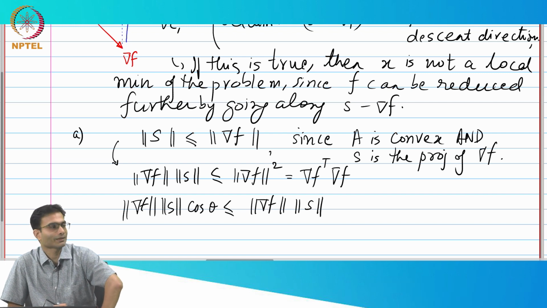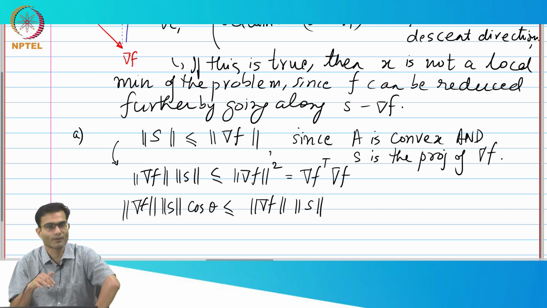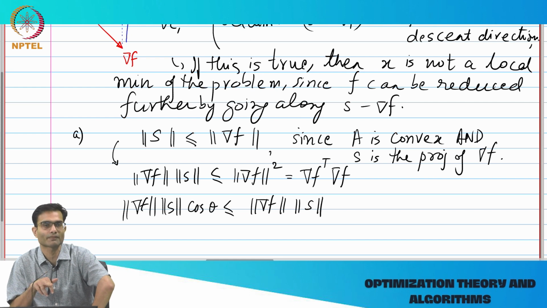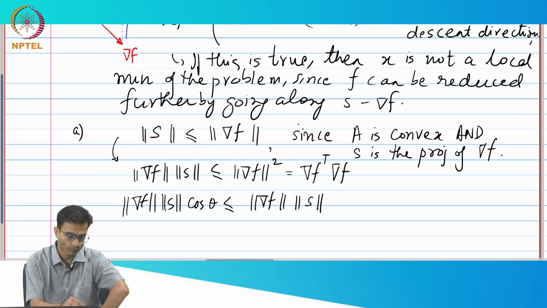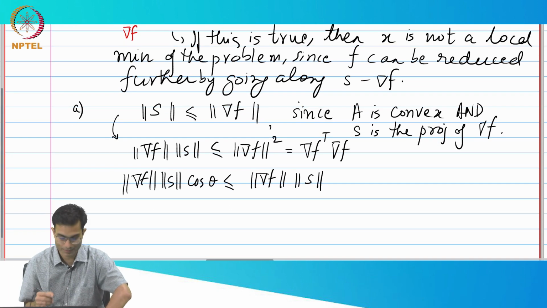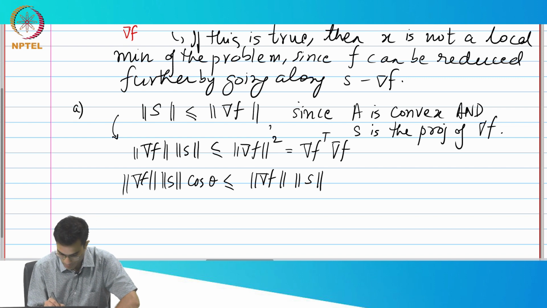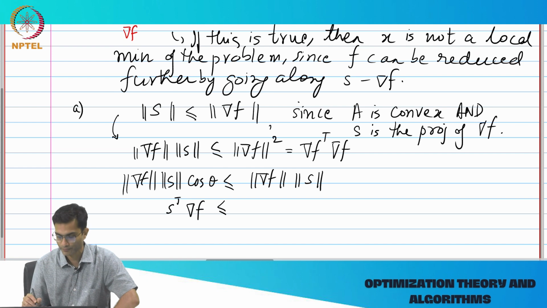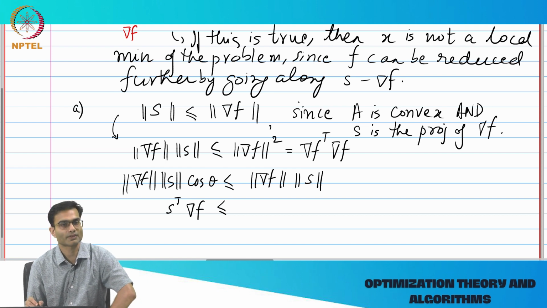Now this sounds like some funny exercise I am doing, just multiplying numbers on the left and right, but can I choose theta to be the angle between grad f and S? Up to me. So if I choose it, what does the left hand side become? Grad f transpose S, right? So I can write this as S transpose grad f, and the right side becomes grad f transpose grad f.